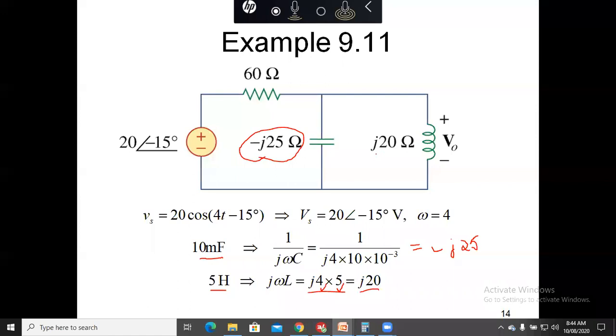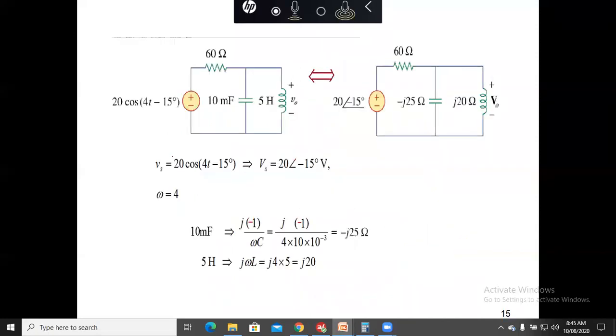So we put the value of J20 here. And this voltage 20 cos(4t minus 15 degree) is 20 at the angle of minus 15 degree. Now this is the frequency domain representation, or the phasor representation, of the circuit. So now solve it.